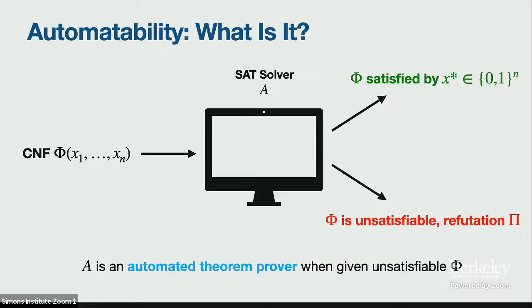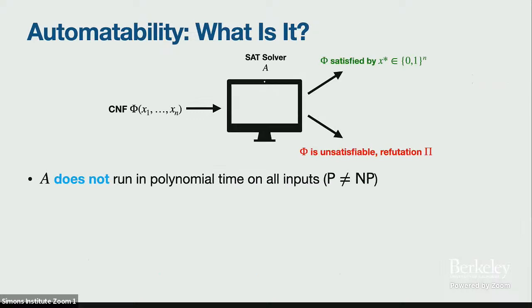Okay, great. So now, unfortunately, we're not in a world where these things run efficiently all the time. In particular, this thing is not going to run efficiently no matter what on all inputs because we broadly believe that P is different from NP. But in fact, the situation is a little bit worse, right?